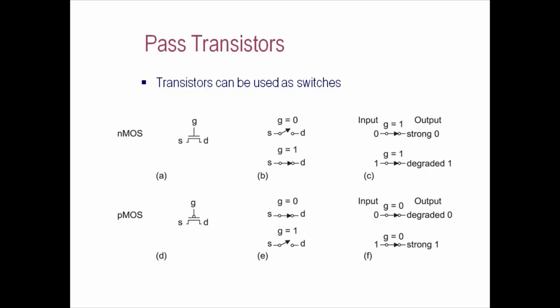Okay. So we know that when we use NMOS as a switch, it definitely passes a strong 0, but when passing 1, it has its value at the output which is less than VDD. Let's try to see how.